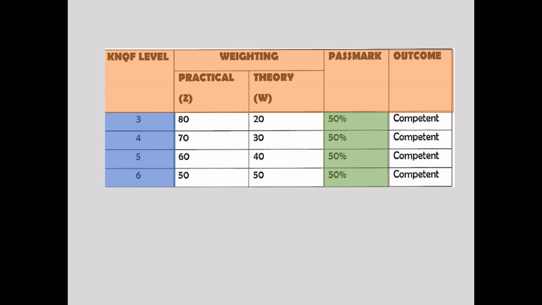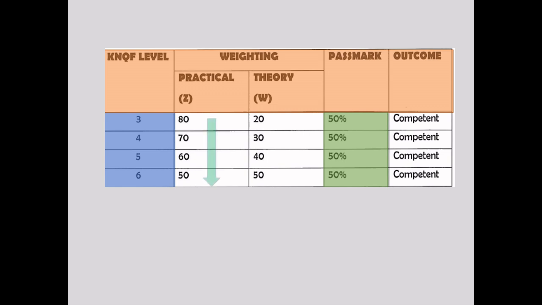For level 5, which is equivalent to certificate, the practical carries a weighting of 60%, while the theory carries a weighting of 40%. For level 6, which is equivalent to a diploma level, the weighting is 50-50. So the pass mark for the candidate to be competent is 50 in all the cases.